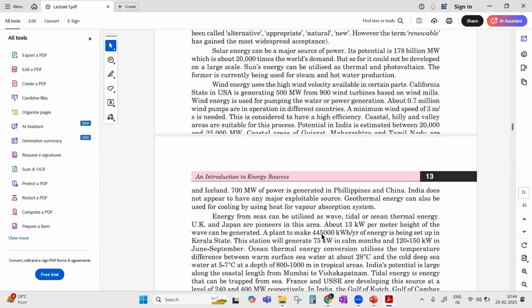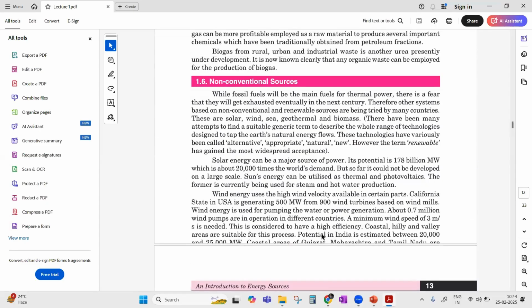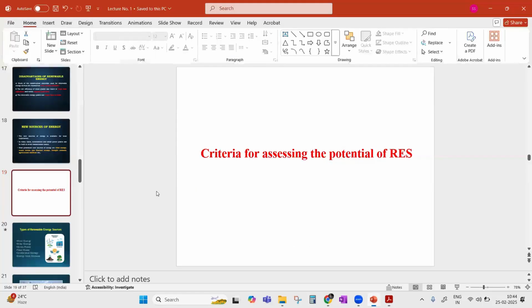So you can just go through this particular PDF where they told what is the potential. Potential is nothing but how much energy can be generated. What is the possibility of generation of energy? Okay, so this is about the scope and potential.